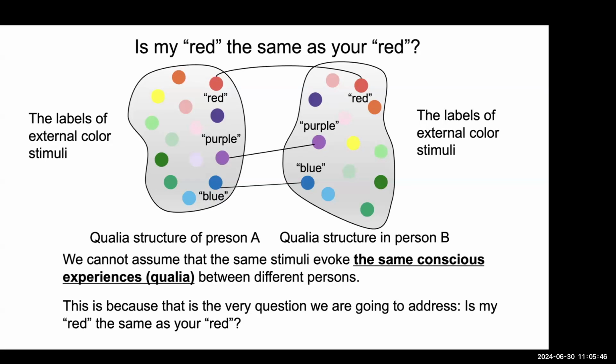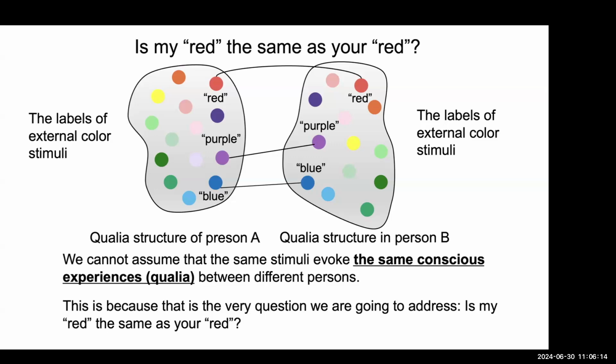We assume this implicitly in supervised alignment, so we use the labels of external color stimuli. Then we compare how similar the shapes of the structures are, given these assumed correspondences between Qualia structures.